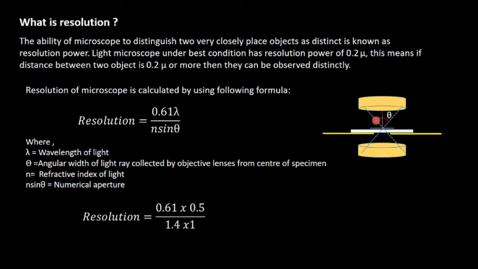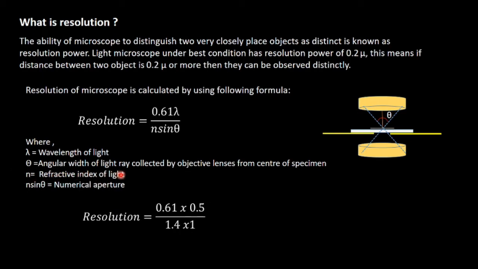So here we can see the angle of the cone of light, and half of this angle represents the value of theta. The maximum value of theta can be 90 degrees, because the whole angle can reach up to 180 degrees, and therefore half the value is 90 degrees.